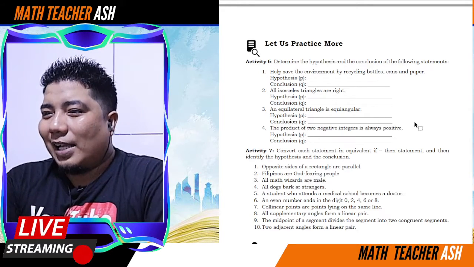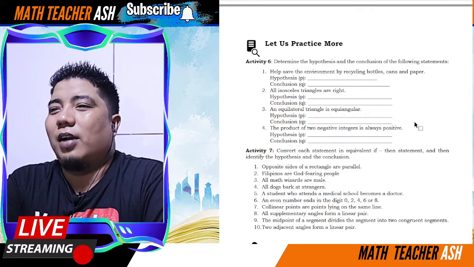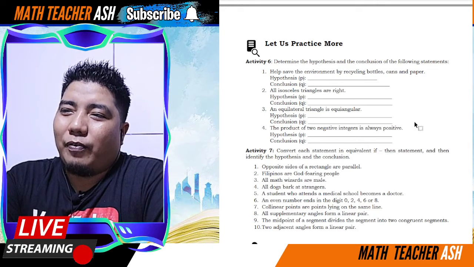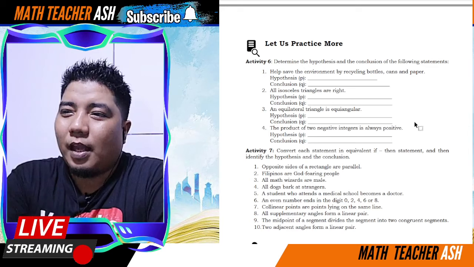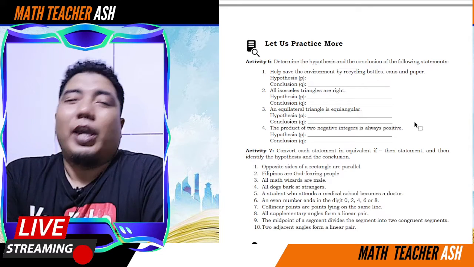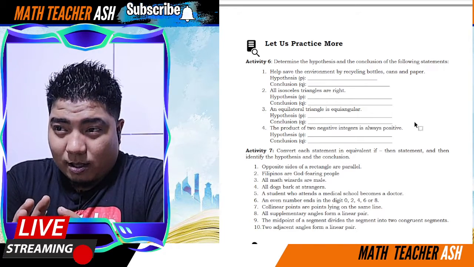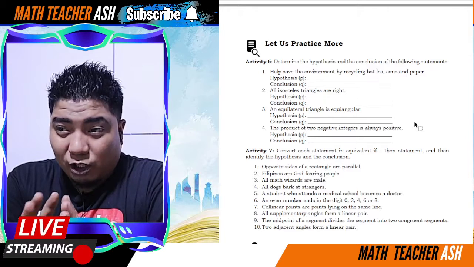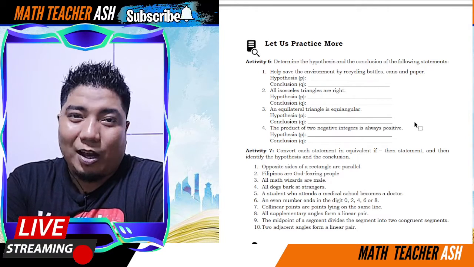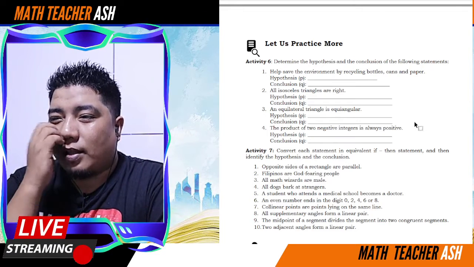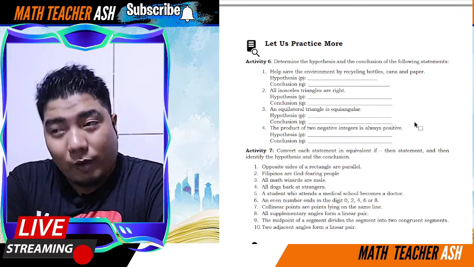Number 2, all isosceles triangles are right. Ayan. If triangles are isosceles, then they are right. Okay, ganun, pwede yun. An equilateral triangle is equiangular.